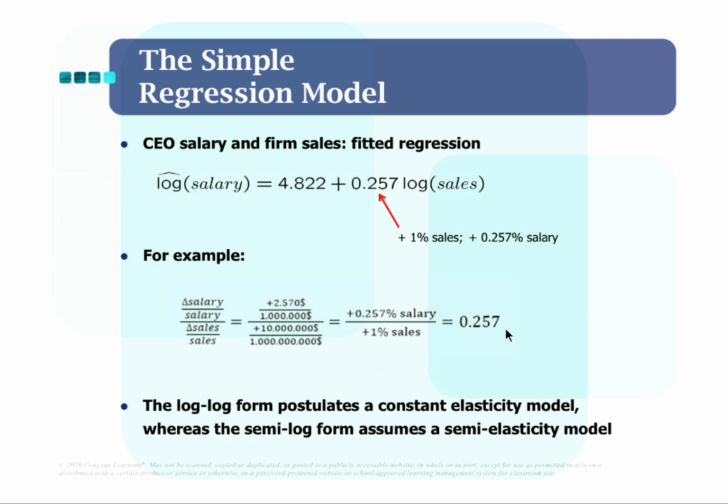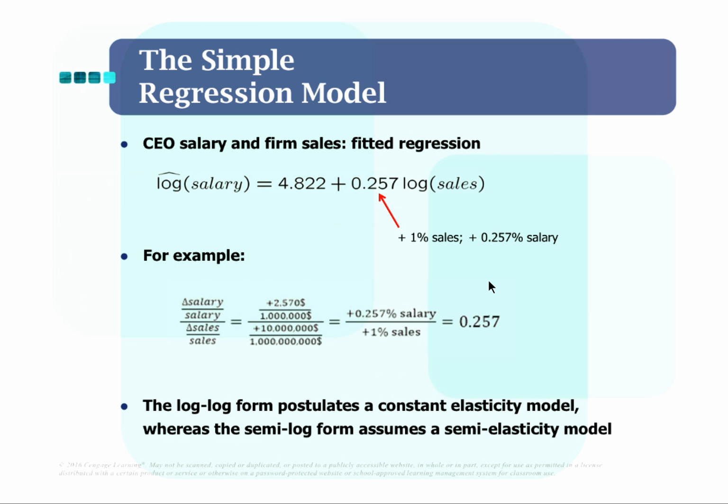so this log-log form postulates that the relationship between salary and sales has a constant elasticity. Okay? Beta 1 is the elasticity, but if you have this regression without logs, regress salary on sales, then you postulate that every unit of increase in sales will lead to a constant increase in salary, okay?